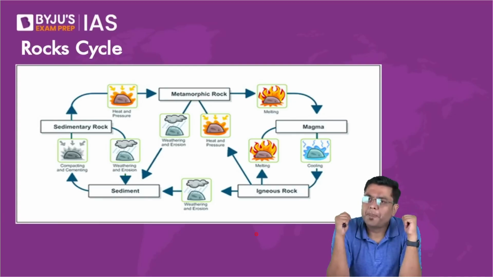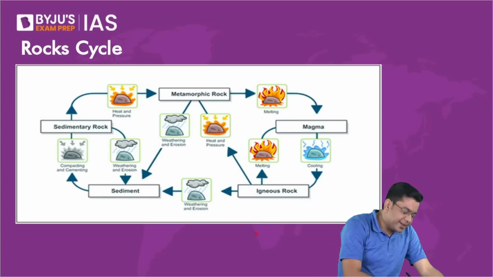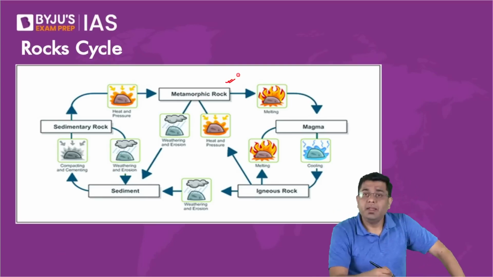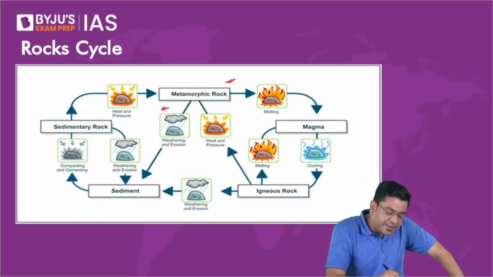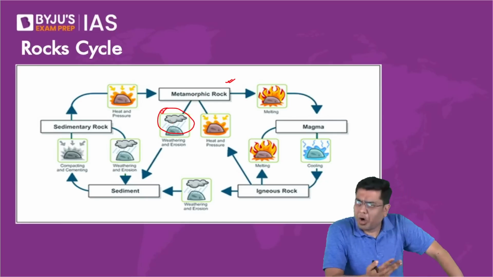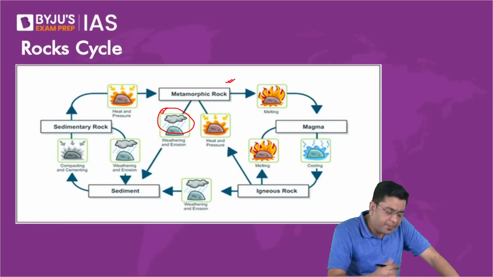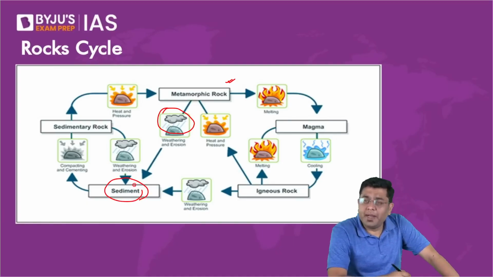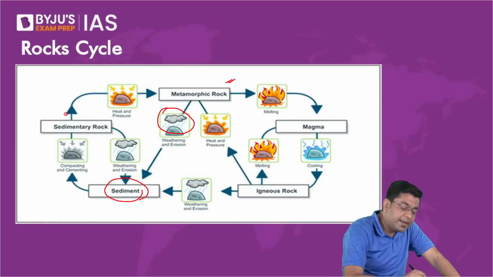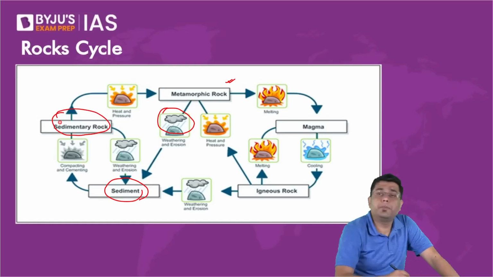For example, let us consider a metamorphic rock. Now, this metamorphic rock, when it is exposed to weathering, erosion, or breakage, etc., it can get converted into sediments. Those sediments over a period of time can get deposited, compacted, cemented, and lead to the formation of sedimentary rock.